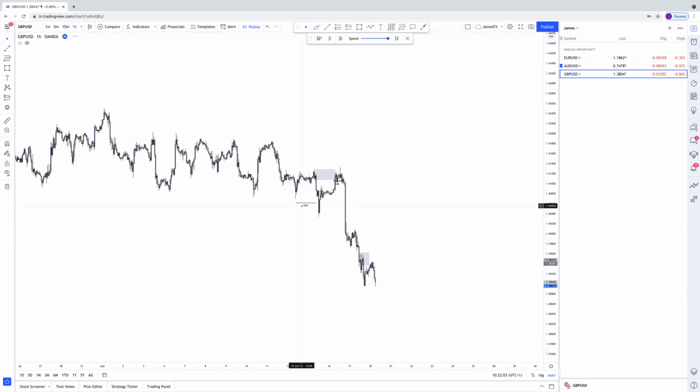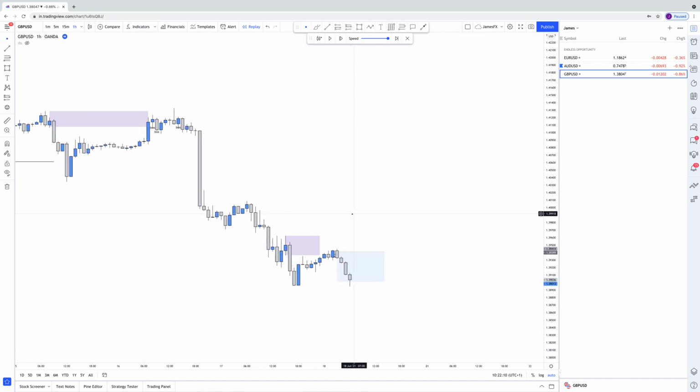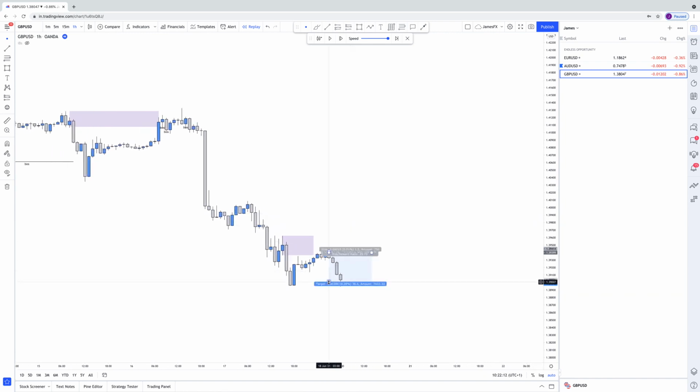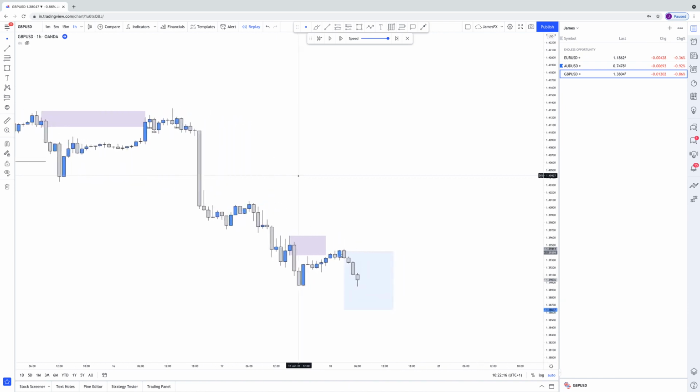If I go to the hourly, one thing to note as well, it all stems back to your higher time frames. So what I mean by that is, if we're expecting or anticipating order flow, it comes back to, we want to see or anticipate a new lower low on the higher time frames.